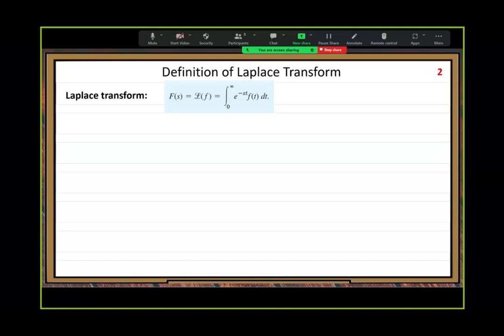The function capital F is related to little f: you take the integral from 0 to infinity, and you multiply by a special function, e to the negative s times t. When you multiply by that special function, you get a new function with good properties.